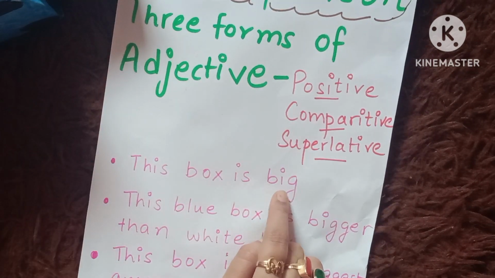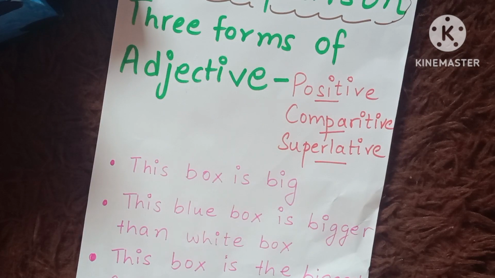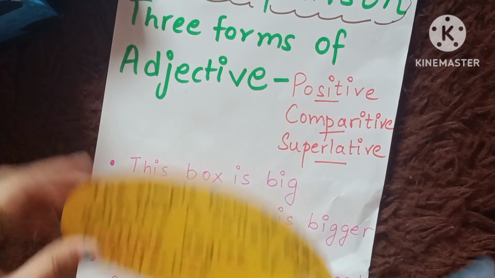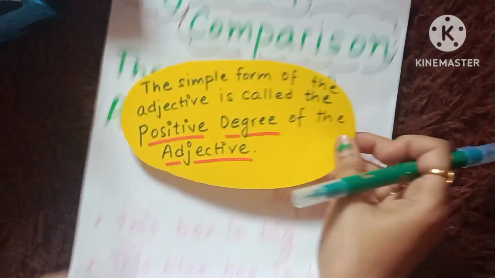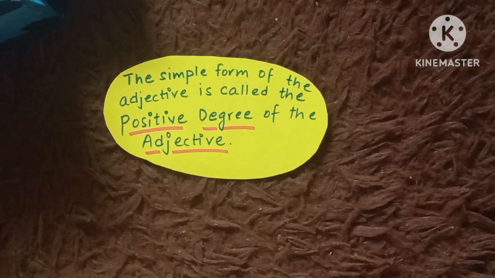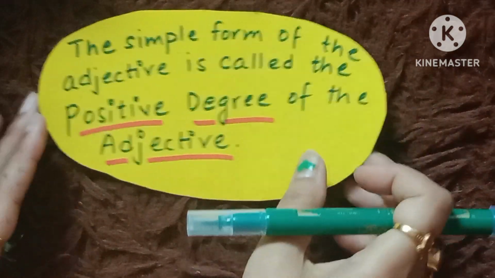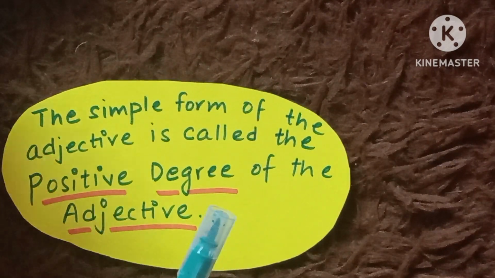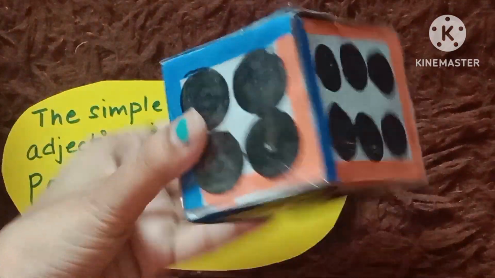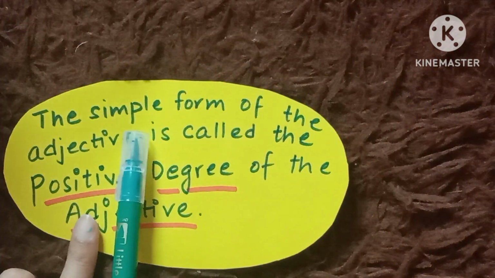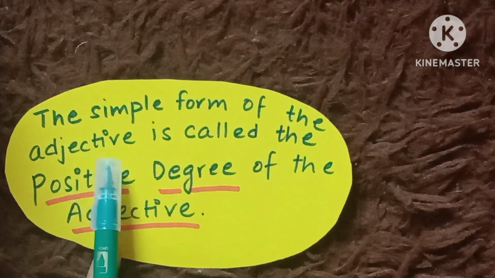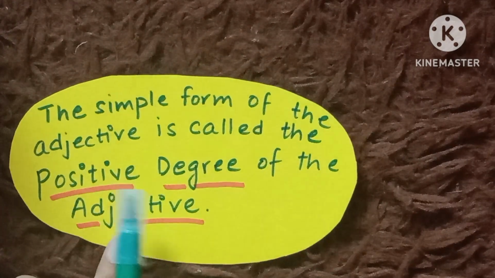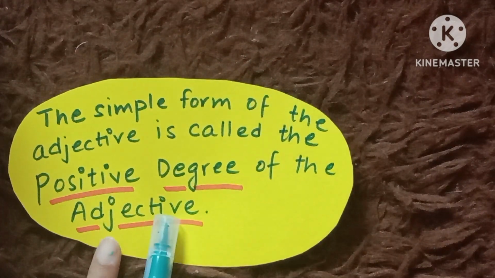So the first one we said, big, is the positive degree of comparison, when there was no comparison of the box. We had only one box with us. So see, the simple form of the adjective is called the positive degree of the adjective.